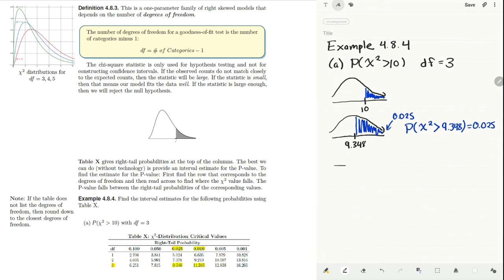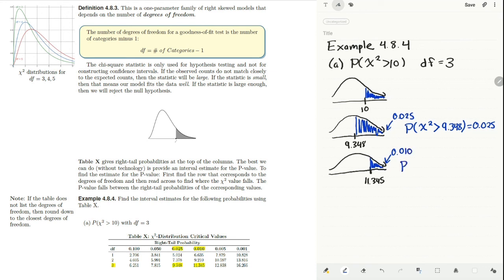Now let's also write down what the other value is telling us in our table. So to the right of 11.345, the right tail probability is 0.010. So the area to the right of 11.345 is 0.01.